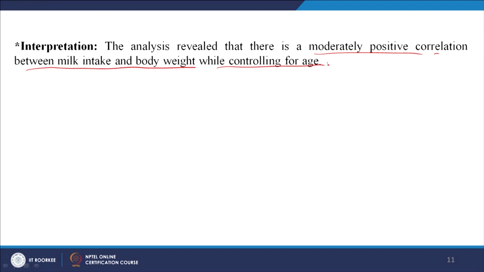Now, just imagine, this is very important because sometimes when we are looking at several relationships, correlations in our own research study, we need to partial out or suppress some of the variables that might impact, but we do not want to consider them, and we see the effect of the relationship between the other two variables. So, this is the case of the partial correlation.